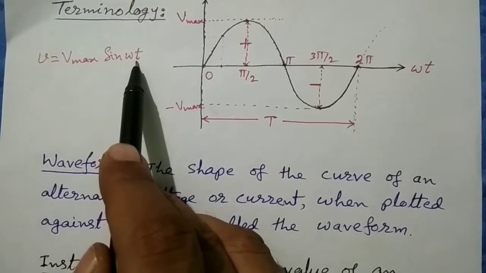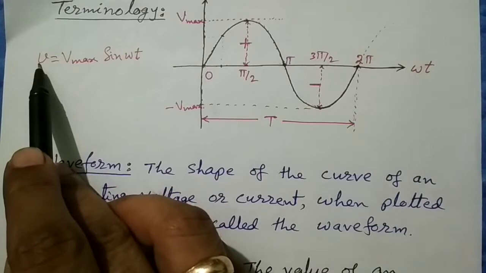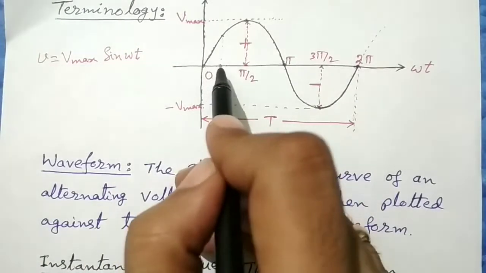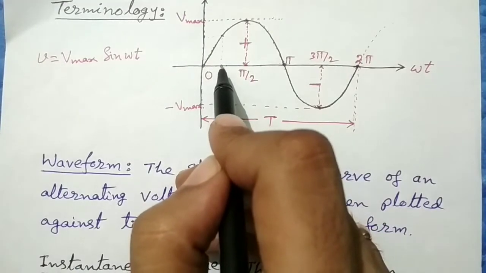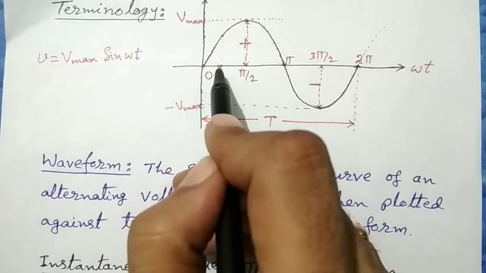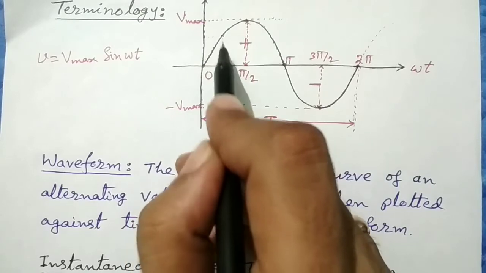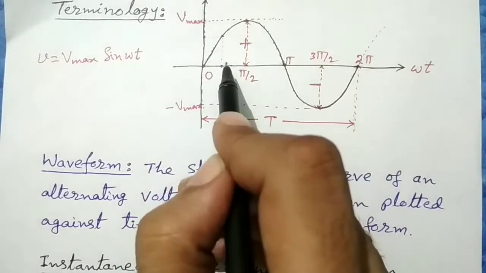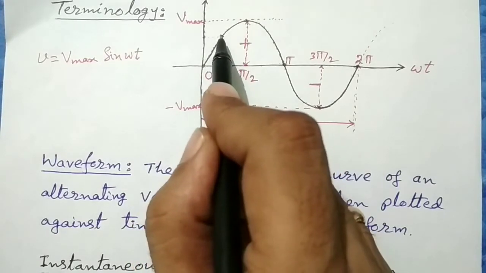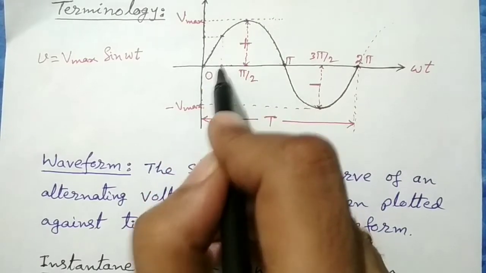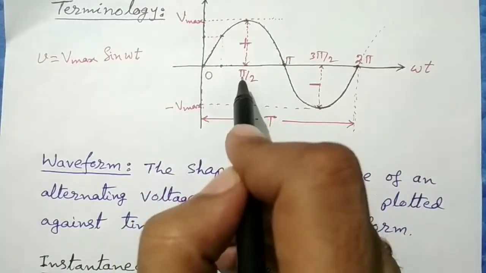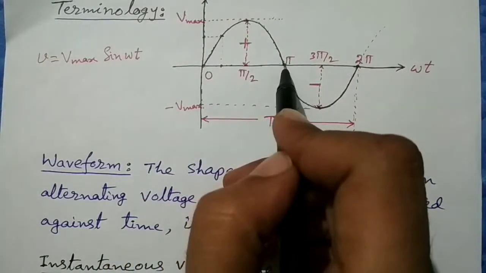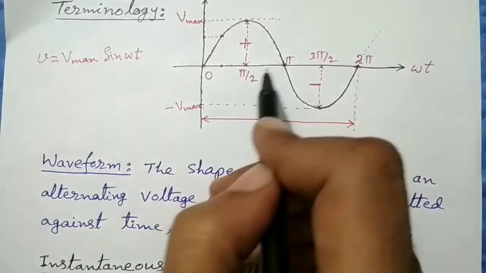So as the time changes, the value of the voltage will also change. So at any instant, at any value of t, if we find the sin omega t value, then the corresponding voltage will be different for different times. This value is considered the instantaneous value. That means at pi by 2, the instantaneous value is Vmax. At pi, the instantaneous value is 0, and so on.